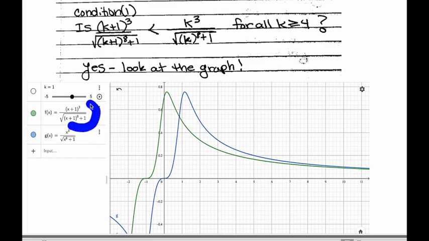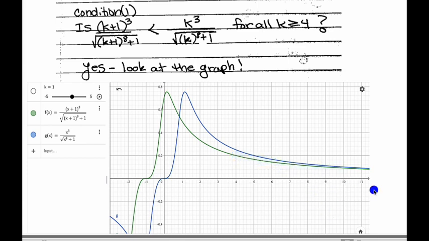So our k plus 1 term is in the green, so that's this one here, and our k term is in the blue. So if I look at this for all the values greater than or equal to 4, so I'm looking at it from here over, every single value I notice the green after this 4, the green is always below the blue.